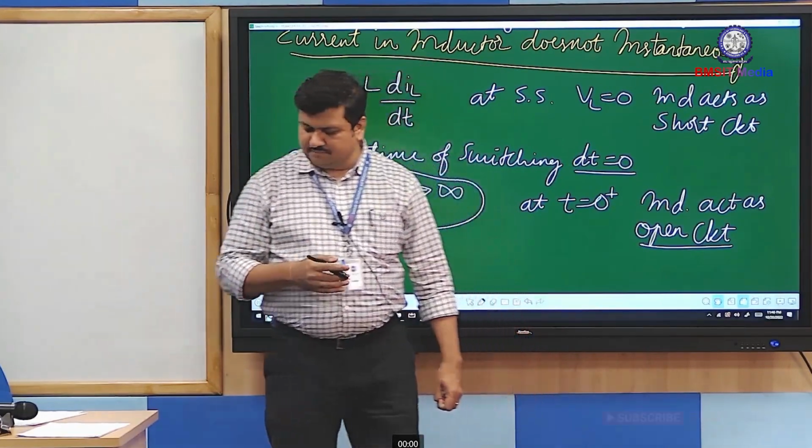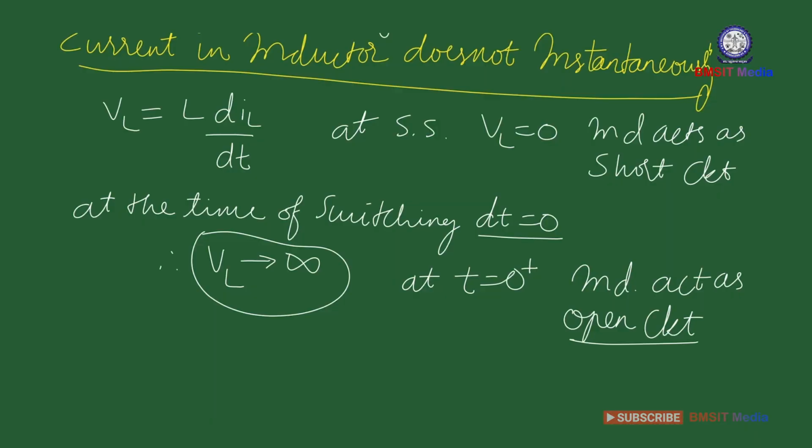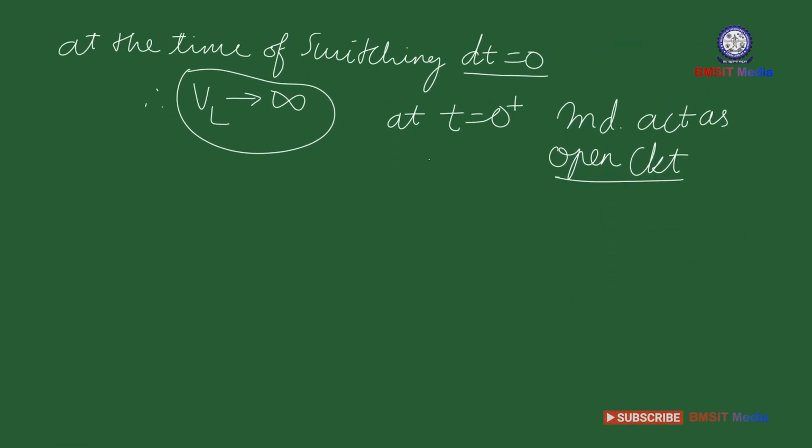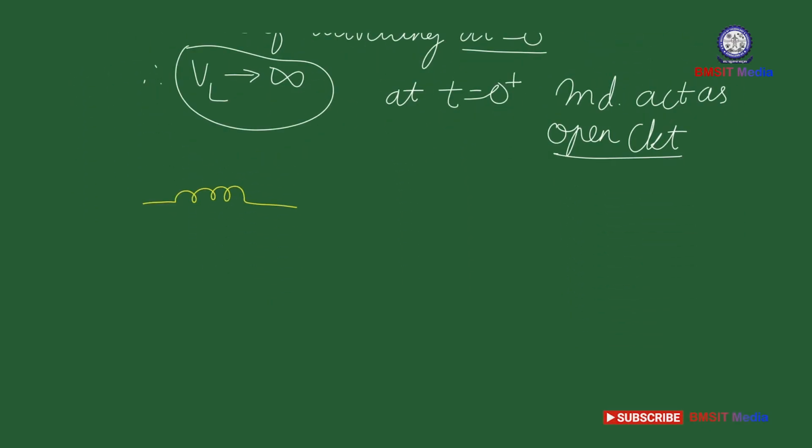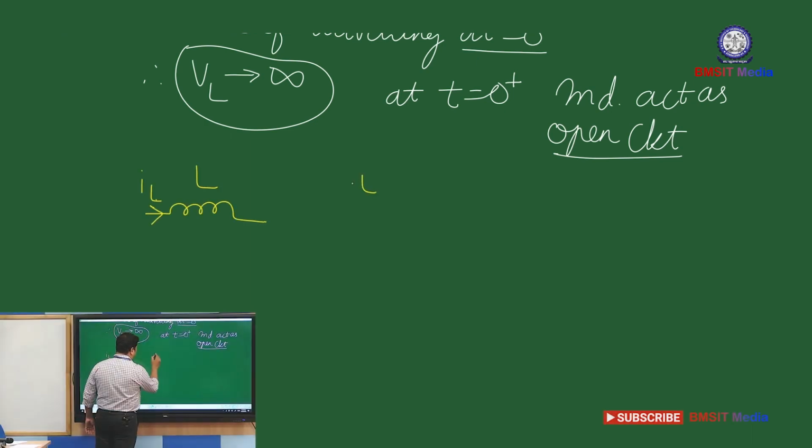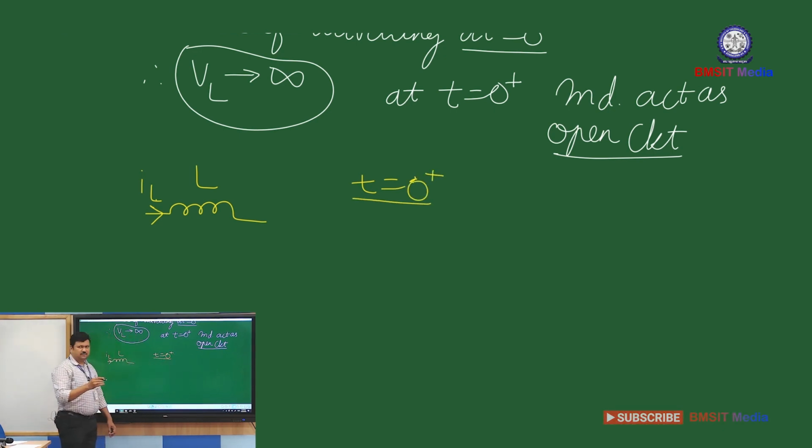Let me put it in a common representation. Now I have this inductor. This inductor at t equal to 0 plus, I have this inductor L carrying current IL. At t equal to 0 plus, it means just after switching.